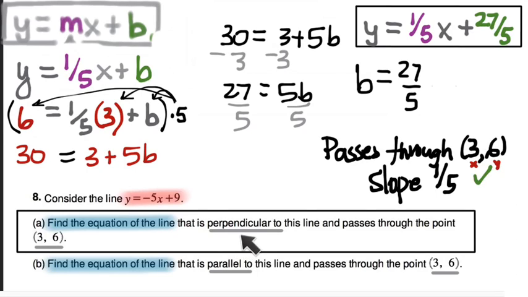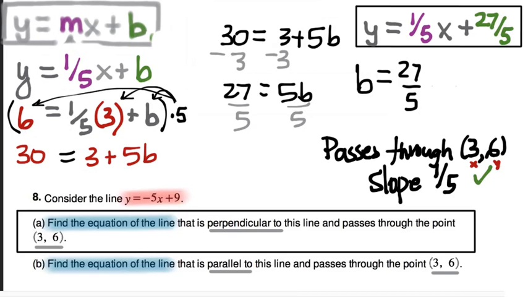And for a slope, in this example, we use the information that the line had to be perpendicular to this one that we were supplied with. And perpendicular means take the opposite reciprocal of that slope. So negative 5 turned into 1/5, so we got our slope. Then we needed to know the intercept, and so we used the second piece of information, that this line has to pass through the point 3 comma 6. And at the end of all that work, we get this slope-intercept equation.